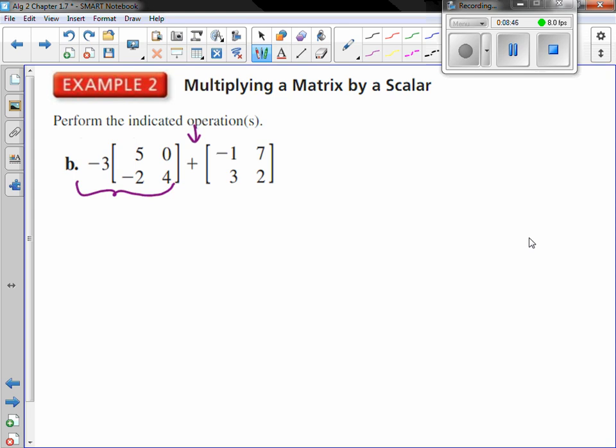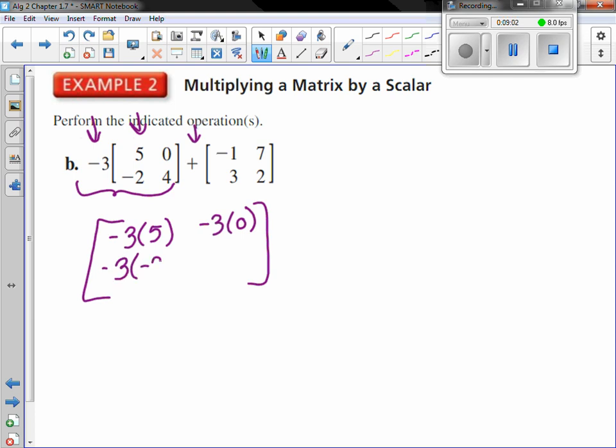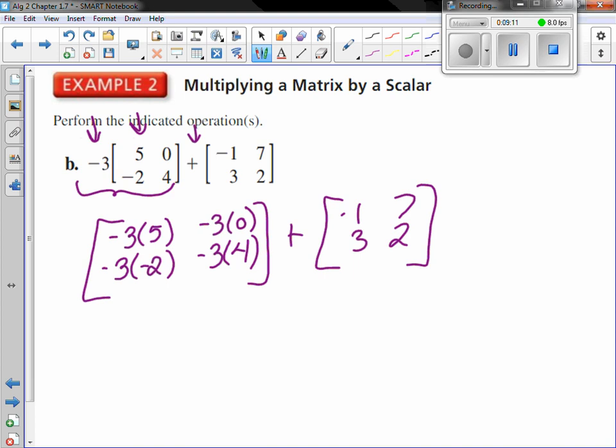So the first thing we have to do here is we have to multiply everything in this first matrix by -3. So what we'll have is -3 times 5 and -3 times 0. Then we'll have -3 times -2 and -3 times 4. Since we didn't do anything to the second one, we're just going to leave it as is.